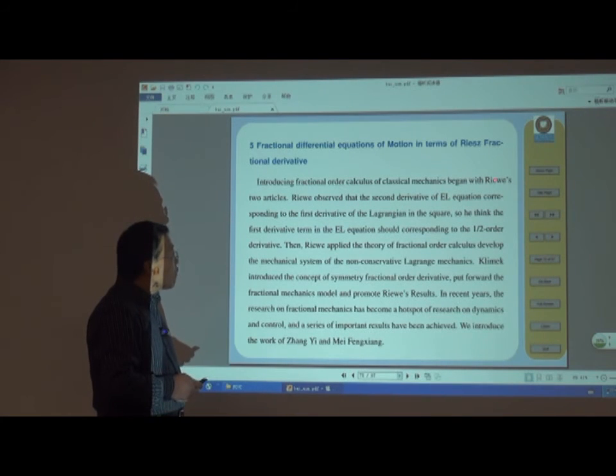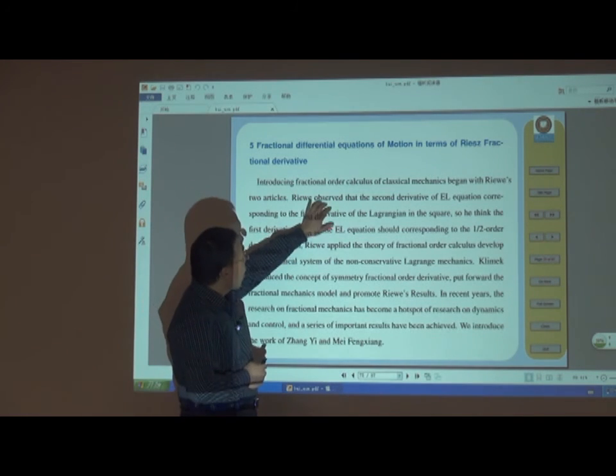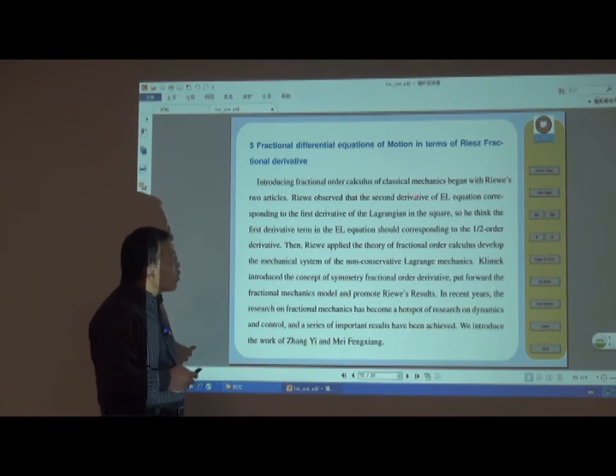However, Professor Riewe published two articles to solve this problem. Riewe observed that the second derivative in the Euler-Lagrange equation corresponds to the first derivative of the Lagrangian in the square.